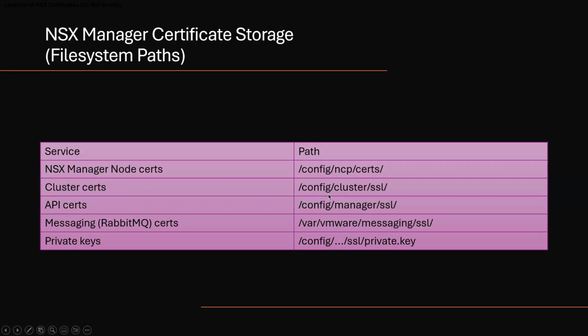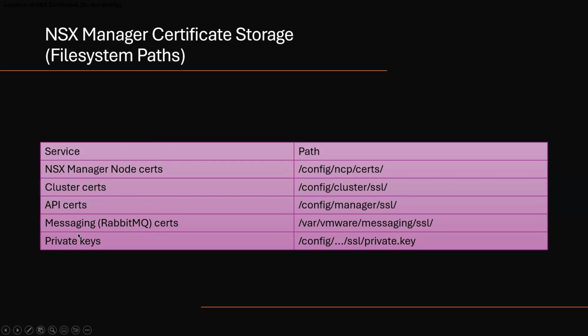Cluster certificates, you can find in config cluster SSL. API certs: whenever the NSX Manager wants to establish API related communication with other components, at that point of time, it will use API certs. It will be stored in the config manager SSL.